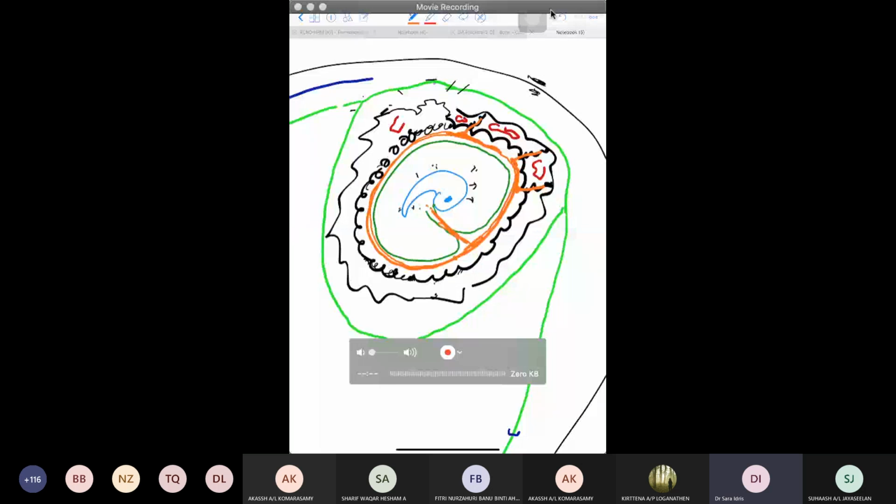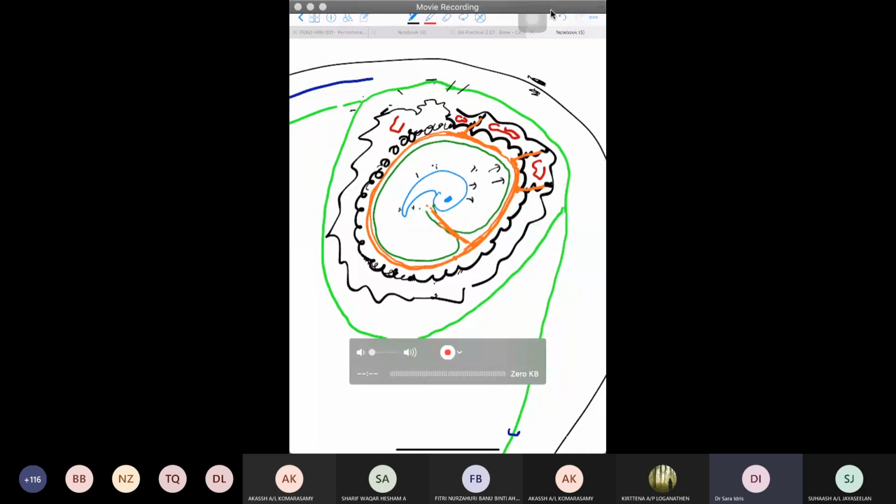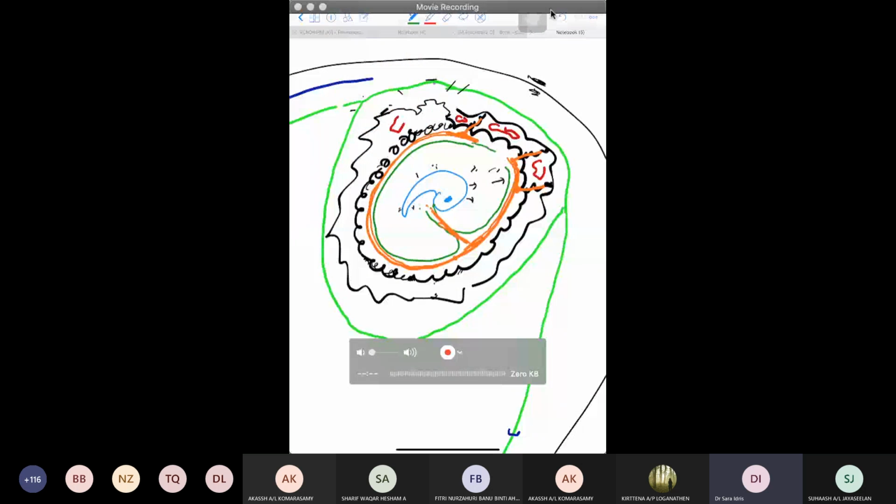Okay, and eventually, as your amniotic cavity grows bigger and bigger, you also push the amniotic sac or the amniotic lining to be flush with the chorionic, the extra-embryonic mesoderm here.